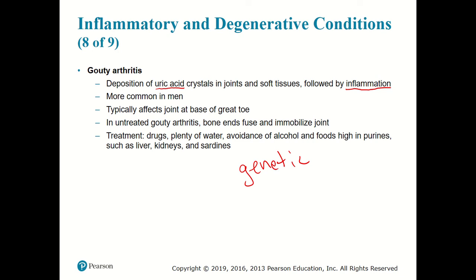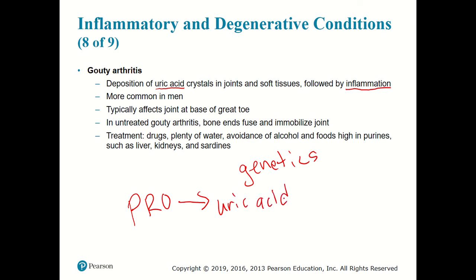Some of us are predisposed to break down, for example, proteins. We start to metabolize or break down proteins, and the process of breaking down proteins releases uric acid.